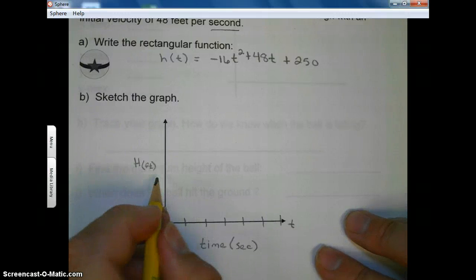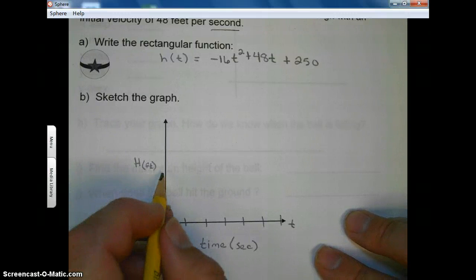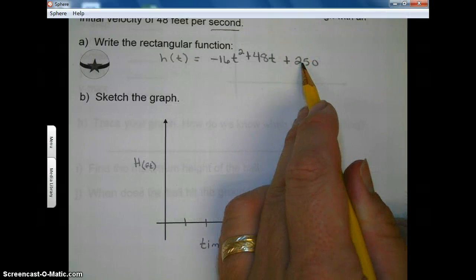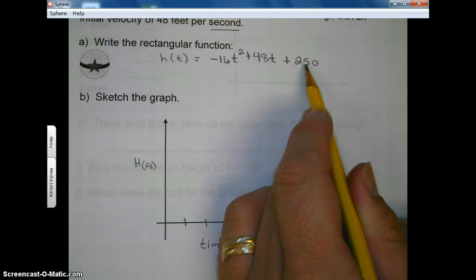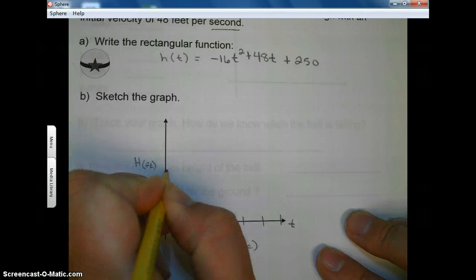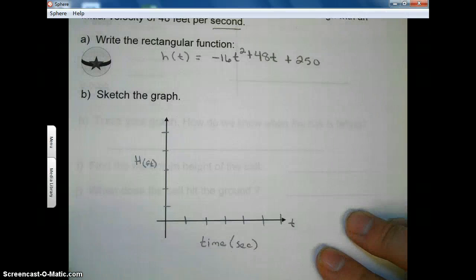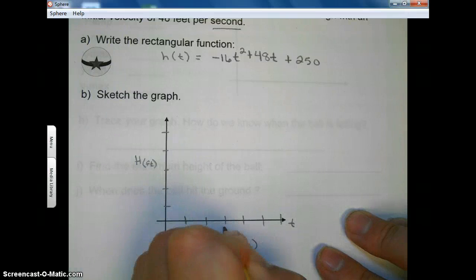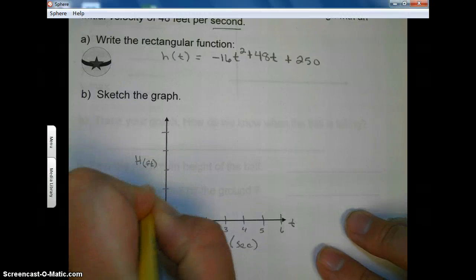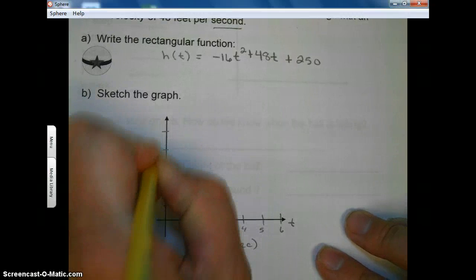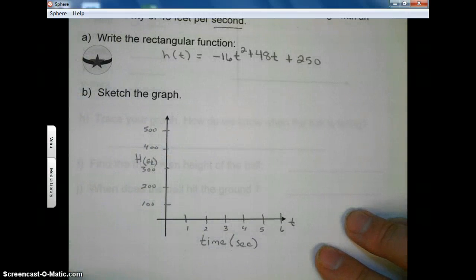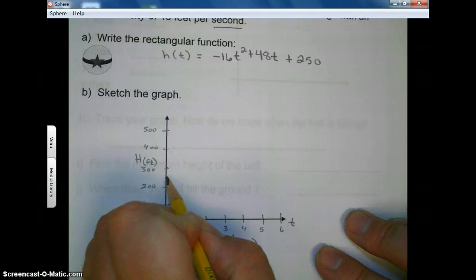And then our height: the initial height is 250, and it's thrown up, so it's not going to go too much higher than that. So let's just go by hundreds: 100, 200, 300, 400, 500. And if we're going to sketch this, we're going to start out at 250.